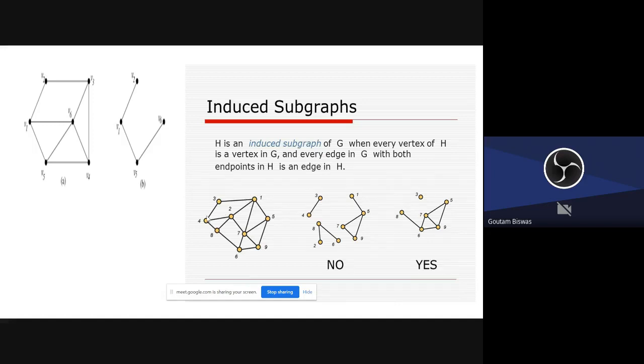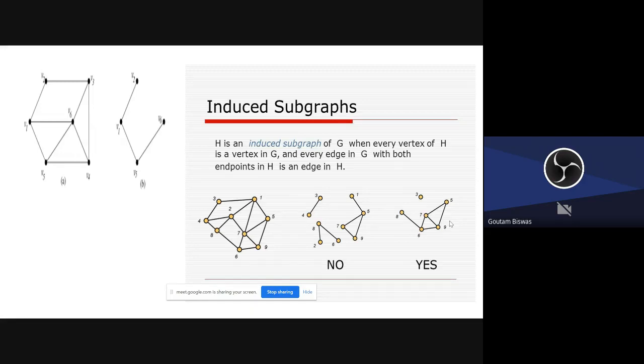So these edges also deleted. Now then 3 becomes an isolated vertex, but all the other vertices are there, as well as every edge in G with both endpoints in H. Read this one, in this circle. Okay, have you understood? But this is not the induced subgraph.